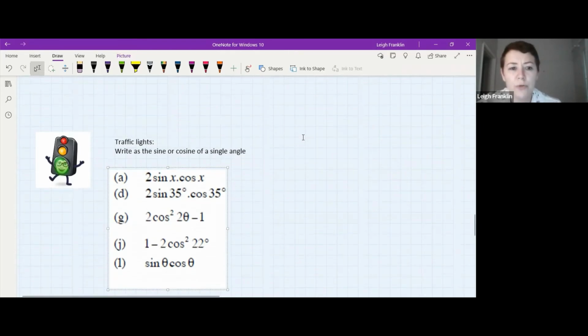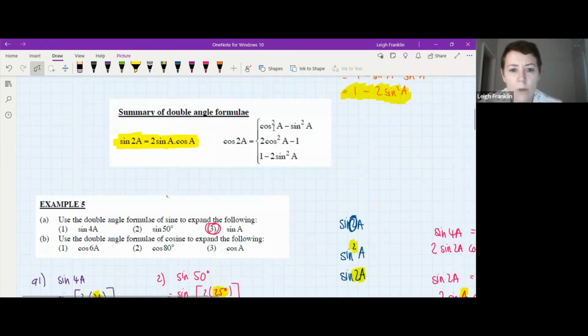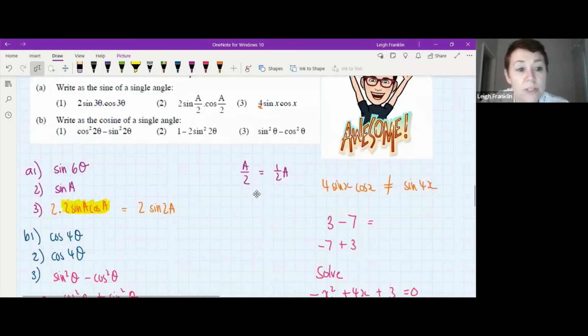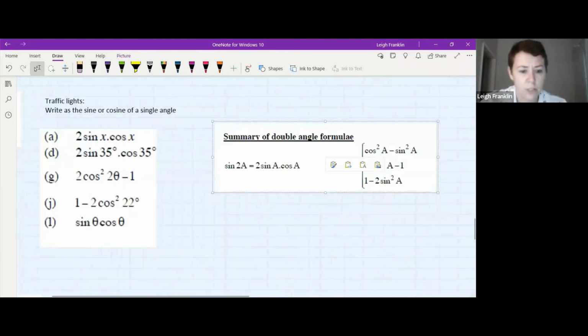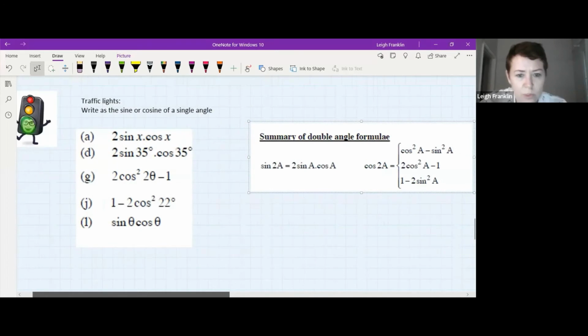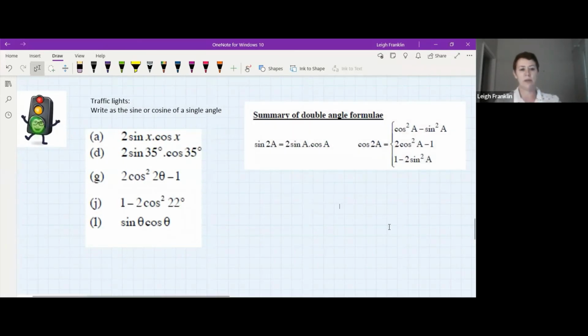Let me put the double angles over there, since these will be given to you. Try those and let's see how it goes.